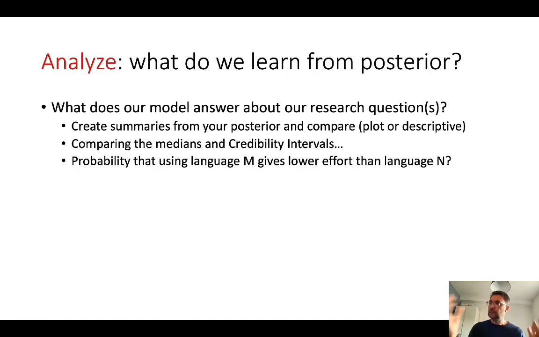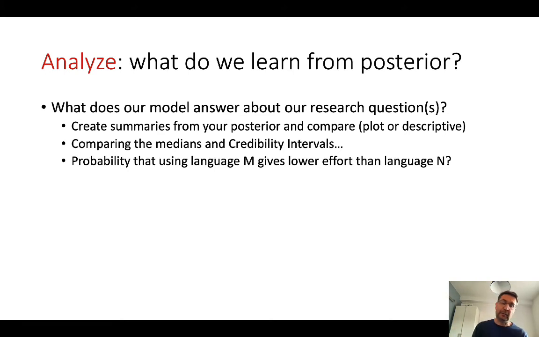Okay, and then when we've done model comparison and we have incrementally developed a few different models, we should analyze what we actually learn from the posterior in the end, from the one model that we have preferred and selected. So what does our model say about our original research questions? What you typically do here is create some kind of plots or quantitative summaries of the posterior, and you select the ones that relate to your research questions.